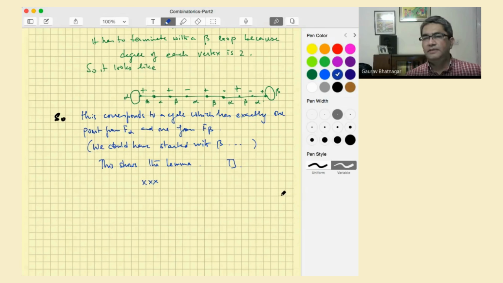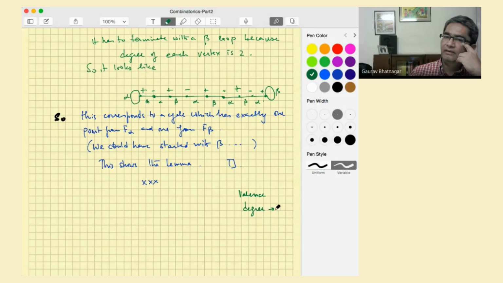Some authors mean different things depending on the context, but that's why I said there is sometimes a concept of valence and degree. Degree often, if you just say how many edges are incident with this vertex, then you're okay. You count this once and you count this once, right?